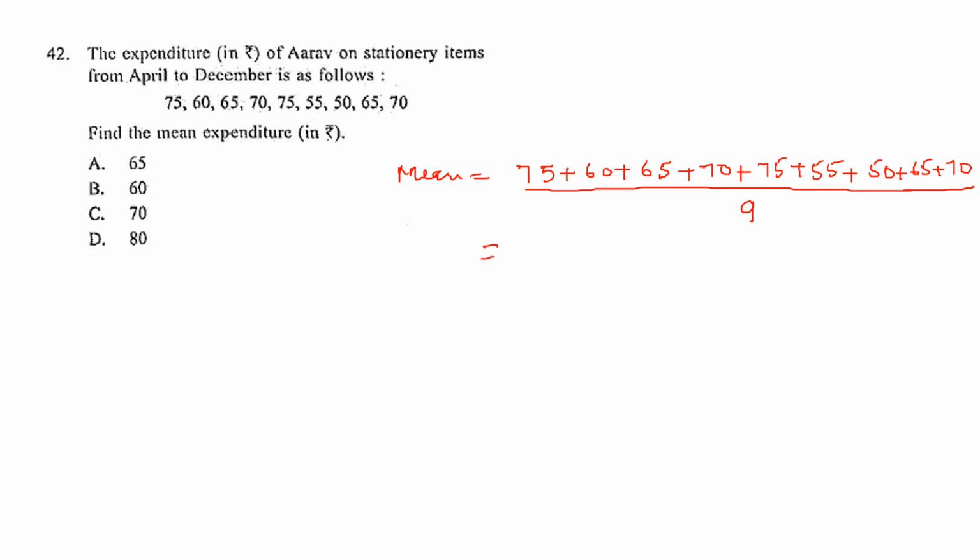So when you add all these values, you will get 585. 585 divided by 9, and if you divide it, you are going to get your answer as 65. So A is the correct option.